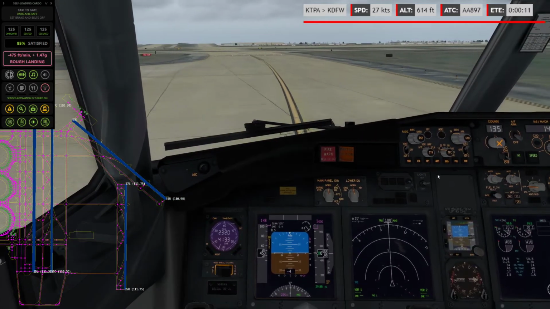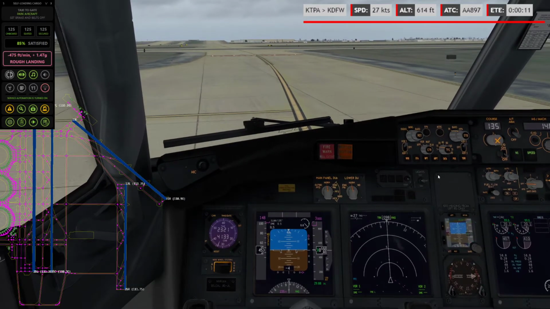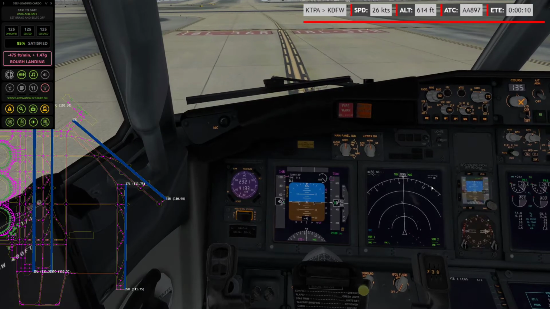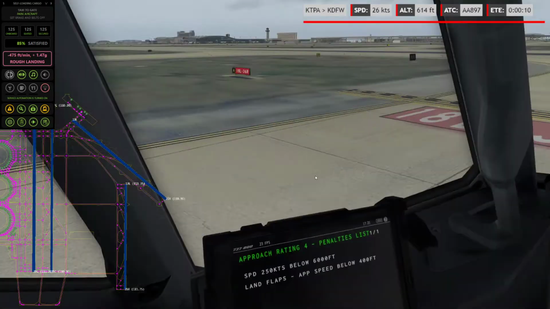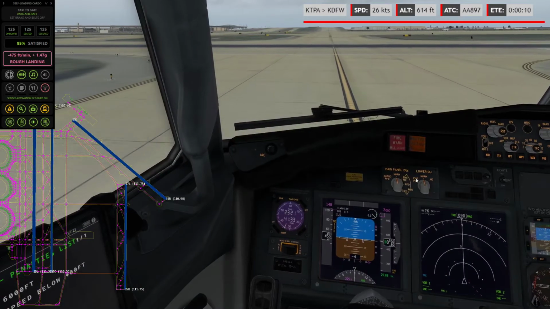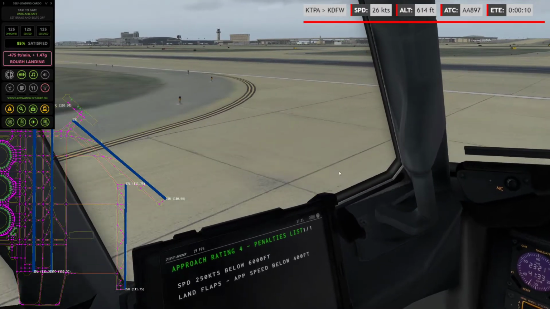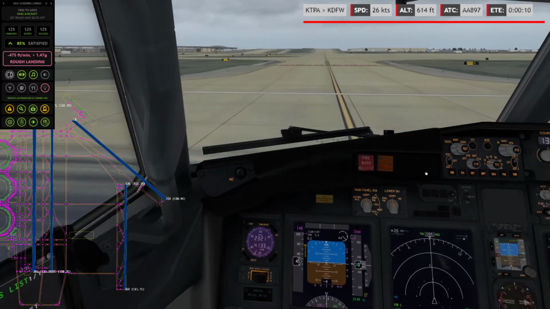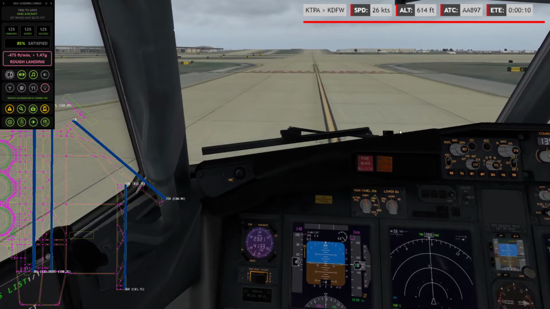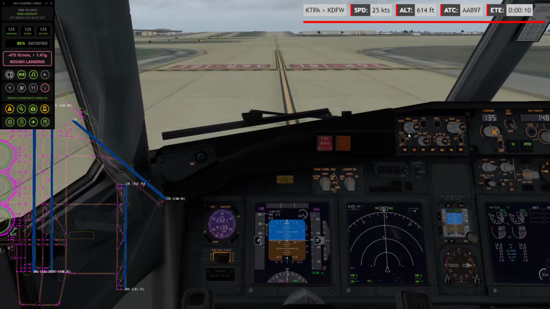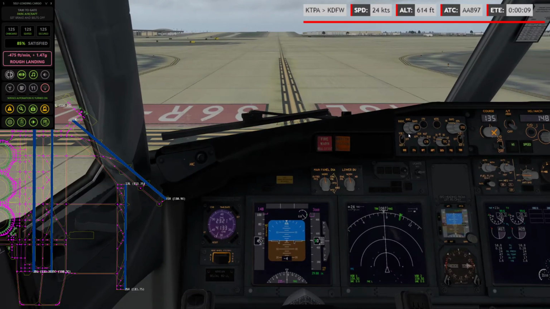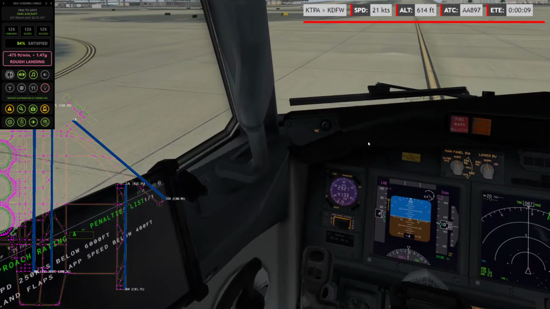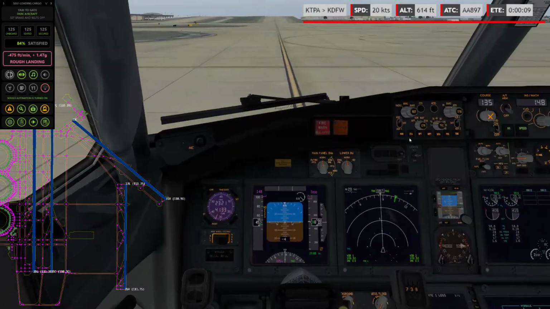TCAS is clear. We are clear to cross 36 right as well. Approaching 36 right. Wow, look at that terminal. Looks really good. Alright, we will make a left turn at Golf. We are clear right and clear left.